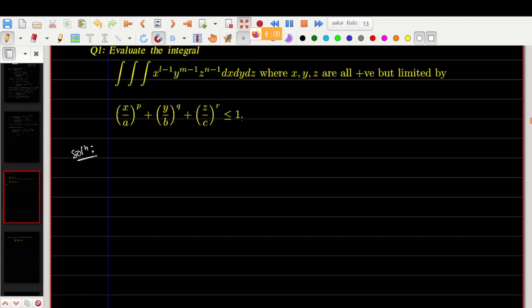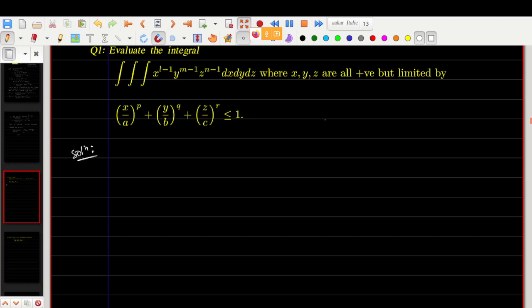Now the problem says you need to find the integral of x power l minus 1, y power m minus 1, z power n minus 1 dx dy dz, where the variables x, y, z are all positive and satisfy this condition.